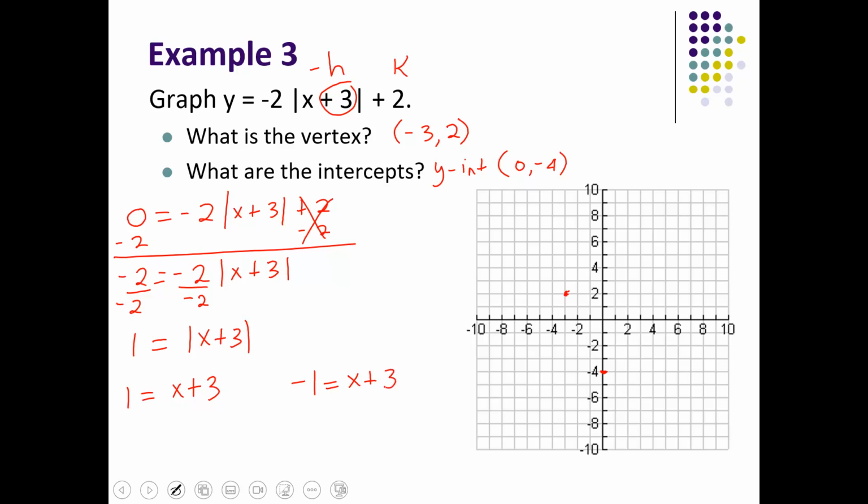Because remember, we have 2 rays, one on the left side, the negative side, and one on the right side, the positive side. So let's solve the first equation. We subtract 3 on both sides. So -2 is equal to x. So that x-intercept is -2, 0.